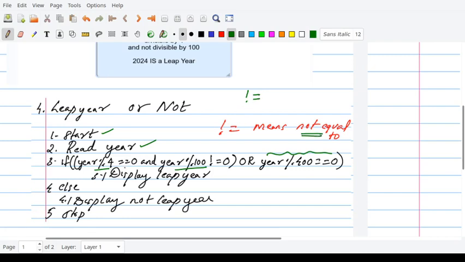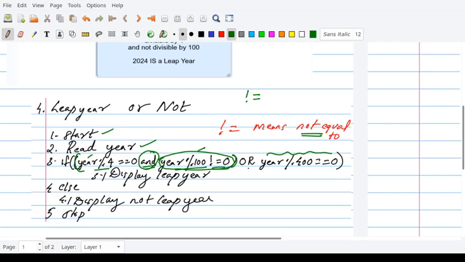So year modulus 4 equal to 0 and year modulus 100 not equal to 0. This term means your year is not divisible by 100. Here you have an and, that means both should be true. That is, the year should be divisible by 4, and also the year should not be divisible by 100. These two conditions should be true, then only this entire condition will become true.